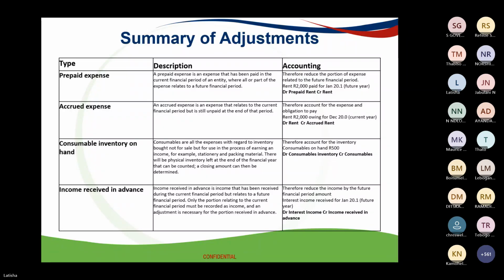Okay. Sorry, Maurice, can you try to adjust the screen? I think they can't see the font there. Maybe just try to put it in the presentation mode. It is in the presentation format.